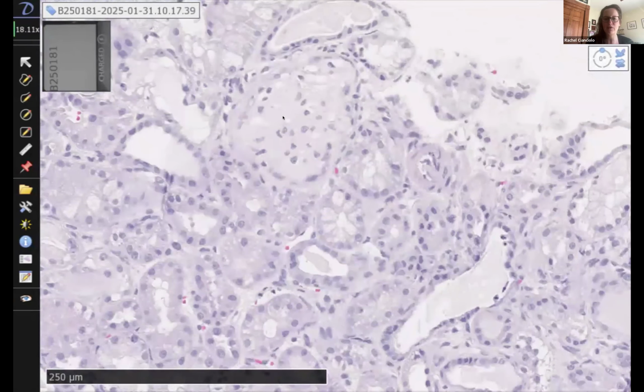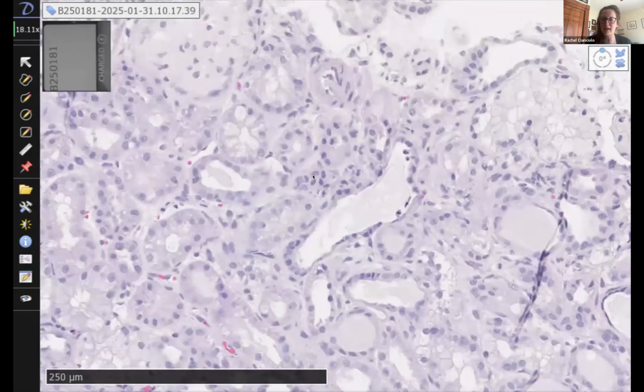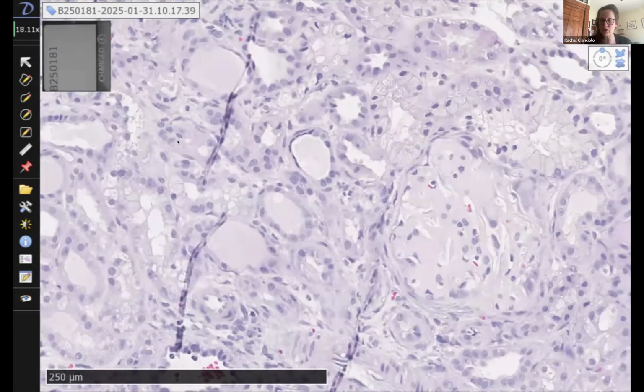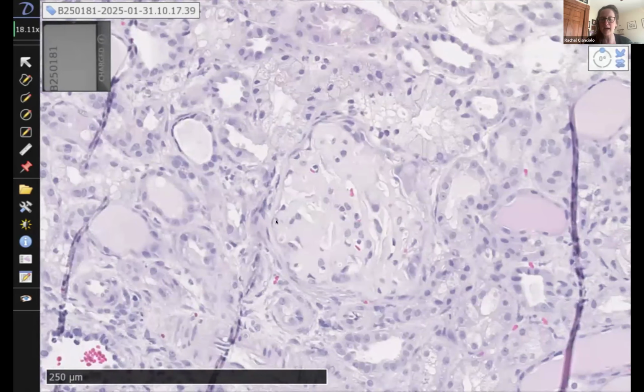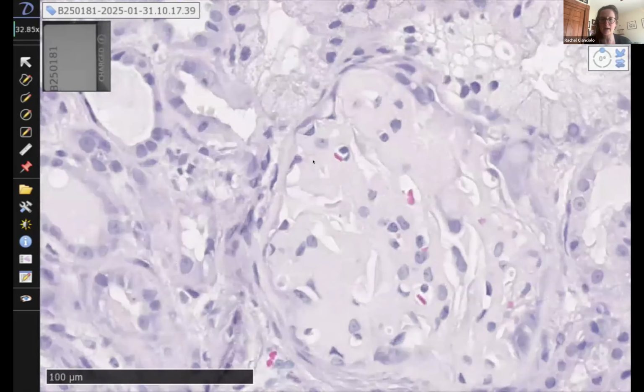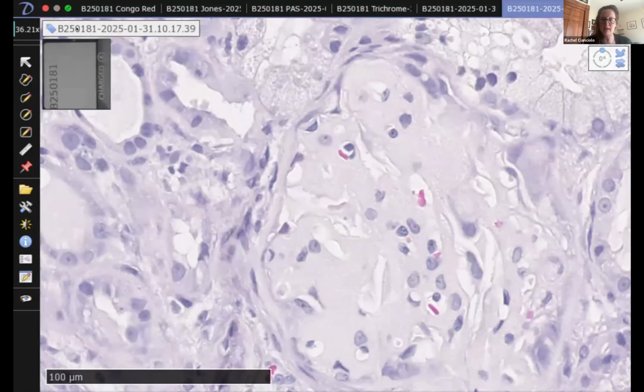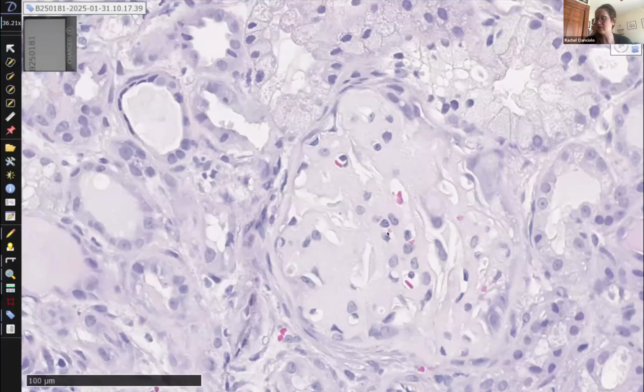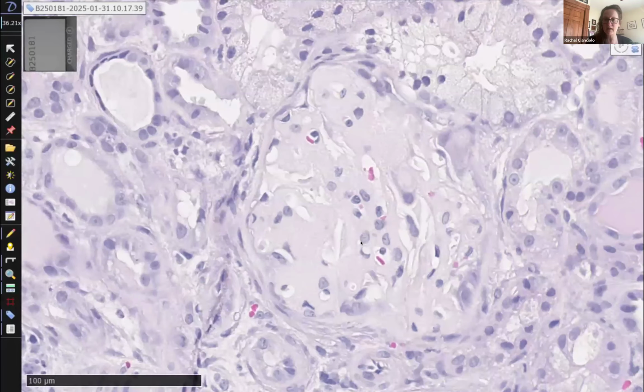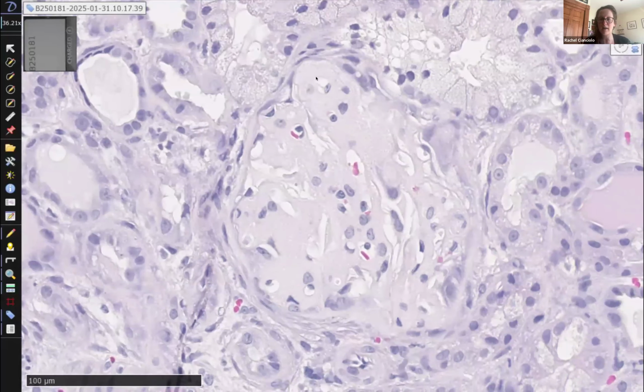I did have a quiz question, but there's really no need to launch it. But the glomeruli, even with an H&E, look abnormal. The key feature that I'm noticing on the glomerulus is there's a lot of material within the tuft. A normal glomerulus is going to have gorgeous capillary loops at the periphery.